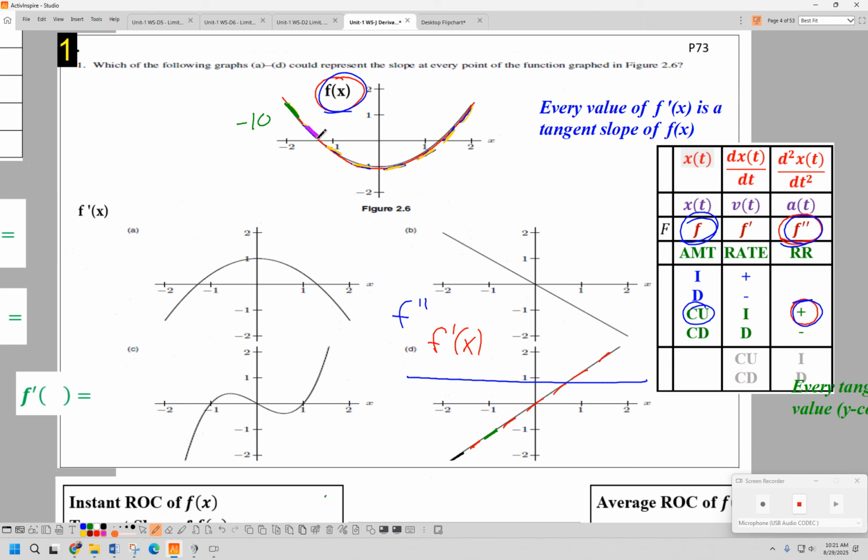Is it more negative than negative 10 or less negative than negative 10? Less. Less negative. So we'll say negative 8. 2 points for Cohen. Tate, this slope right here, positive or negative? Negative. More or less negative than negative 8? So that's maybe negative 6. And we go to Zach. The slope right here, Zach.